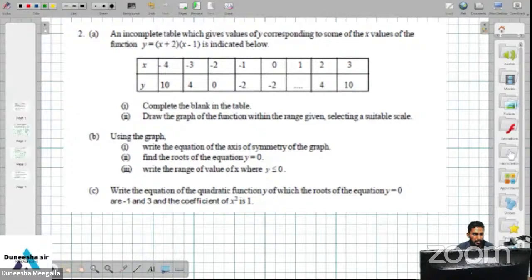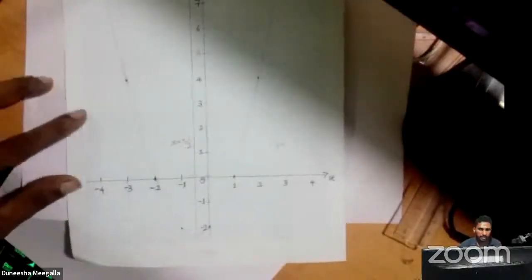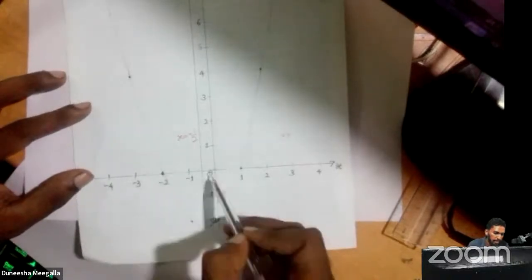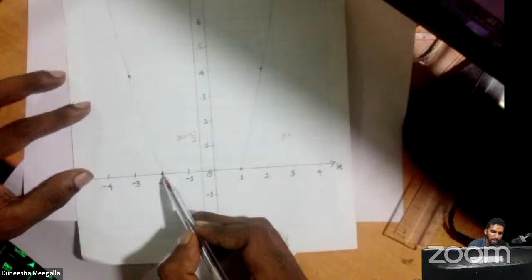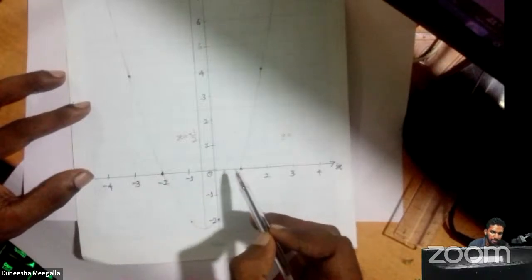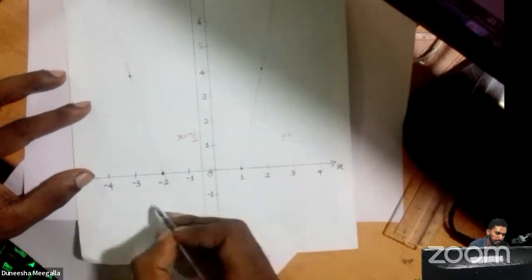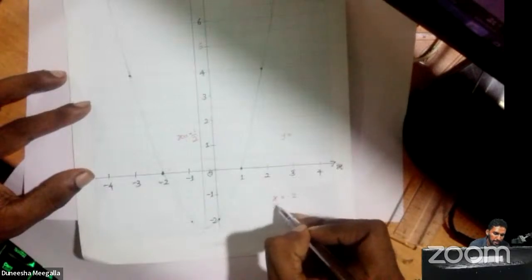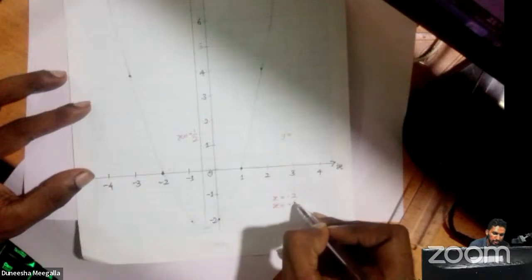How do we find the roots? root දෙක කොහොමද හොයන්නේ? මෙන්න මේ y 0 වෙනකොට x, the points of crossing x. What are the points? x equal minus 2 and x equal plus 1. Right? What are the roots now? x equal minus 2 and x equal plus 1.